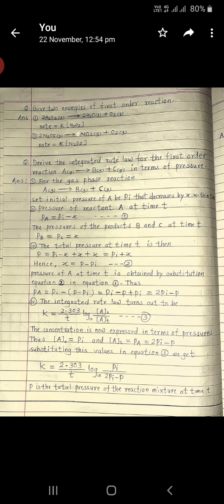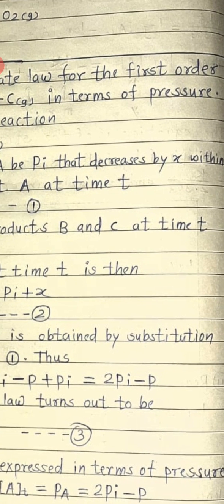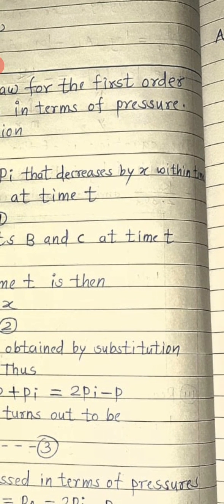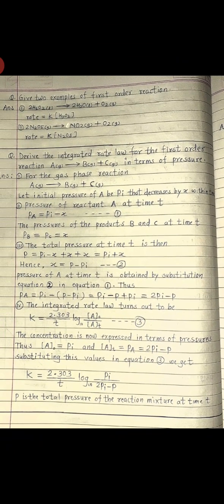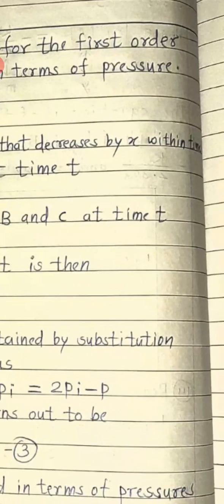Consider the gas phase reaction A (gas) gives B (gas) plus C (gas). Here A is the reactant, and B and C are products. Let the initial pressure of A be Pi, which decreases by x with time.